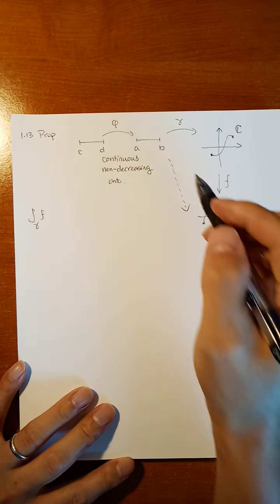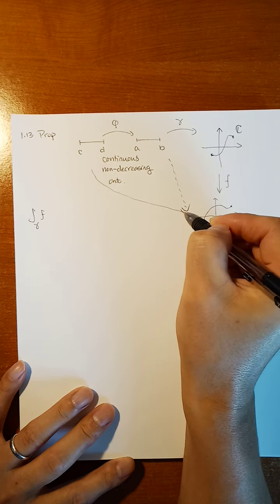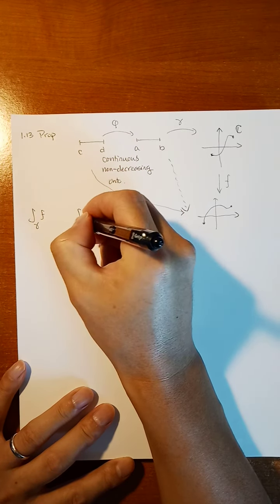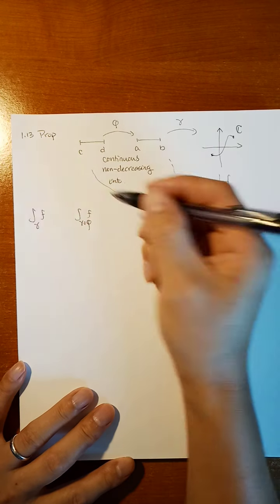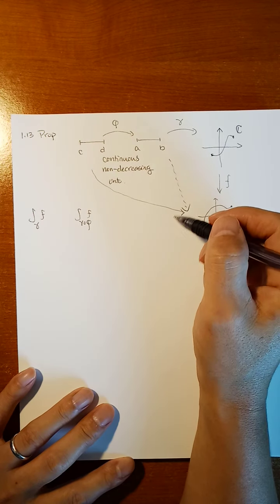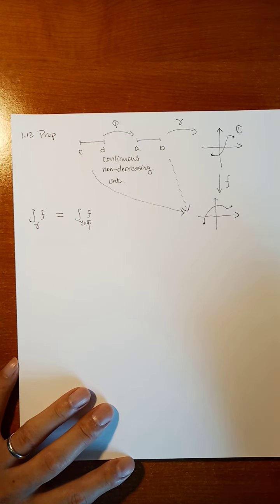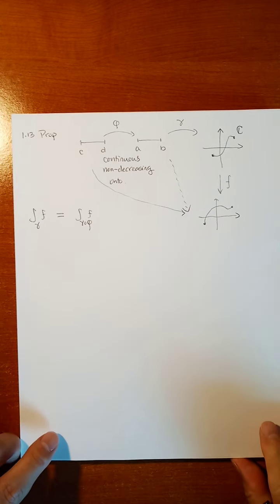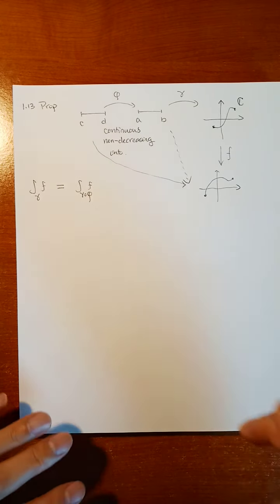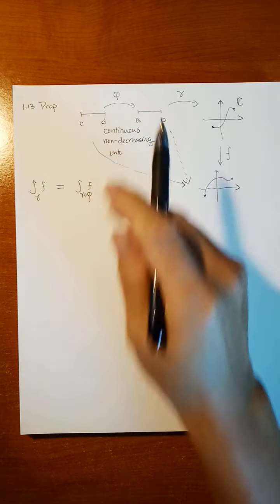Or you can imagine that you can start from CD, with f along gamma composed with phi. And proposition 1.13 claims these two quantities are equal. So we basically use the definition and the uniform continuity.